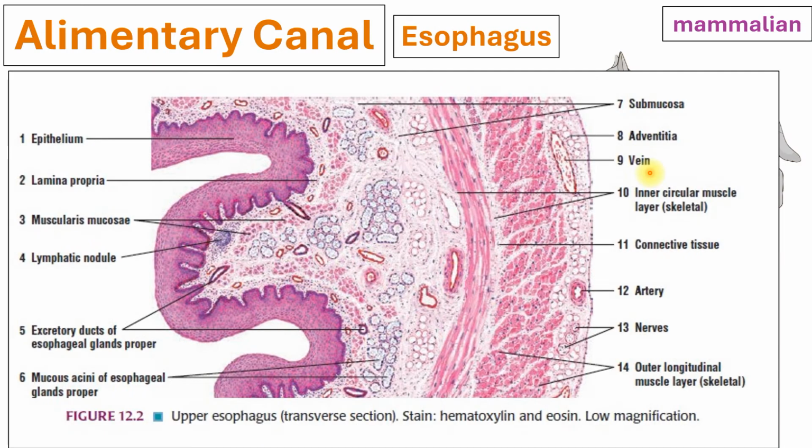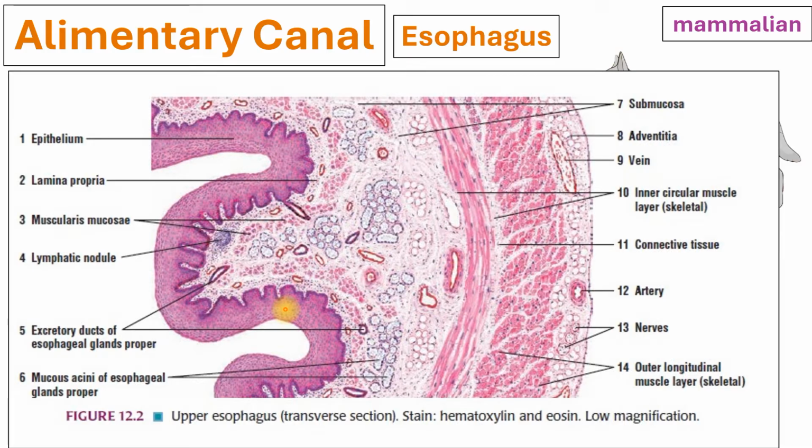So for the esophagus, the key point is that the lining epithelium of your esophagus is still not simple columnar epithelium. It has no absorptive capabilities, so it is just a conduit, a passageway of the food that has been chewed in the mouth going to the stomach.